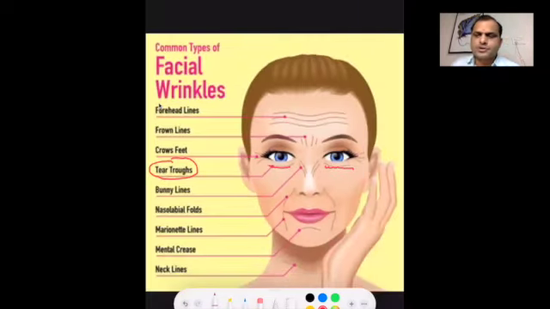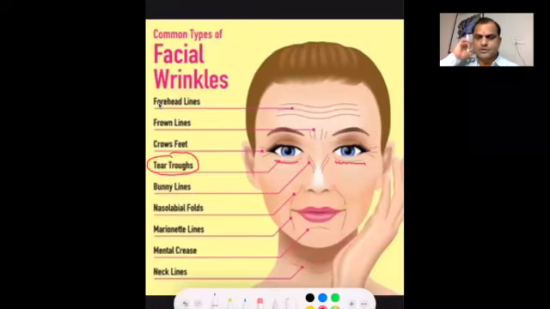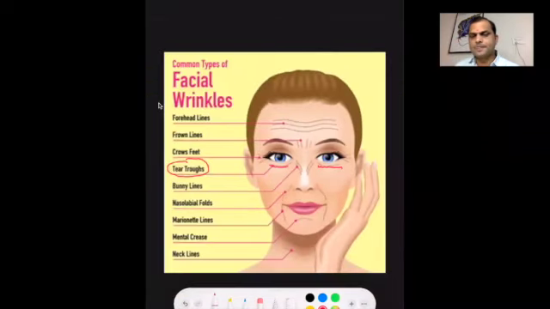The meaning is, because of tears, these lines are appearing. Because of sadness, these lines are appearing. Now we have to work on these lines. So we will improve the lung energy, we will improve the metal energy, and we can do all the treatment here as well as in the body.